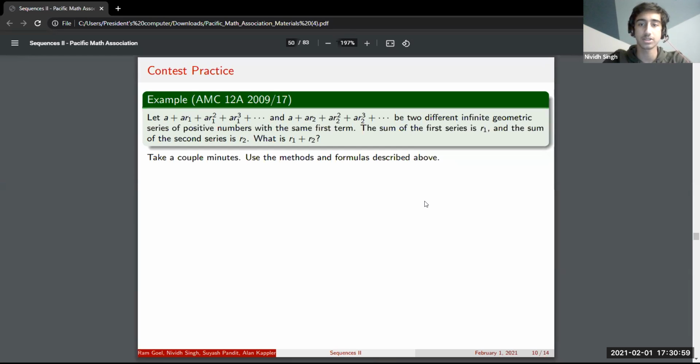The sum of the first series is r1, and the sum of the second series is r2. What is r1 plus r2? Let's take a couple minutes for everybody to work through this on their own and use the formulas and methods from above, because if you use the formulas from above, it makes this problem a lot simpler.